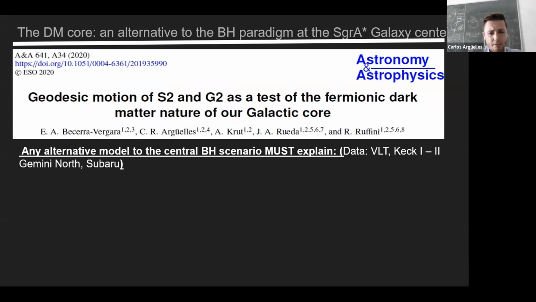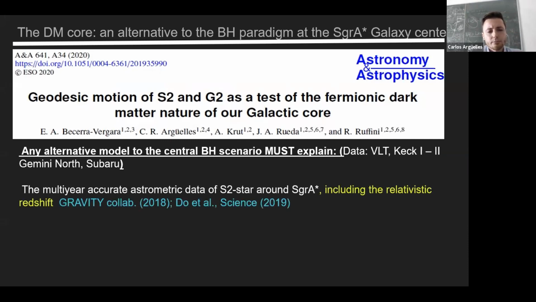There is a large amount of very precise data from VLT, Keck, Gemini North, and Subaru, which has led to multi-year accurate astrometric data of the S2 star around Sagittarius A*, including the relativistic redshift, which was found very recently to be the case for the S2 star by the GRAVITY collaboration.